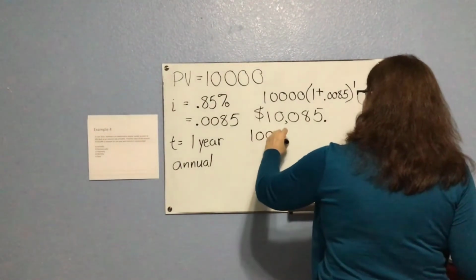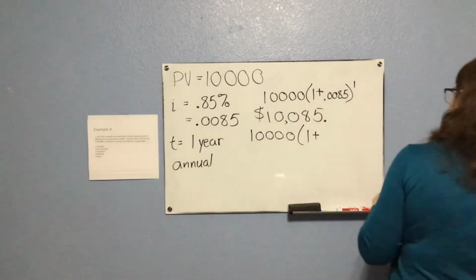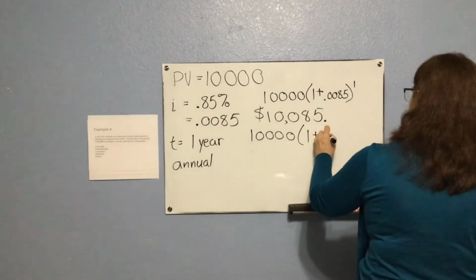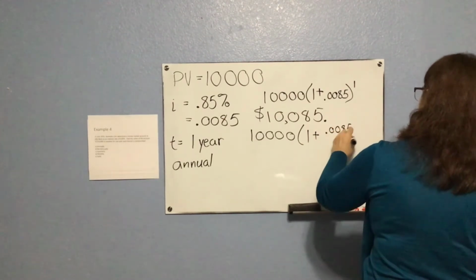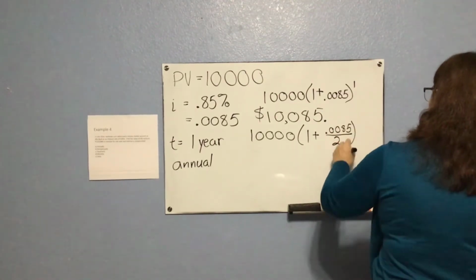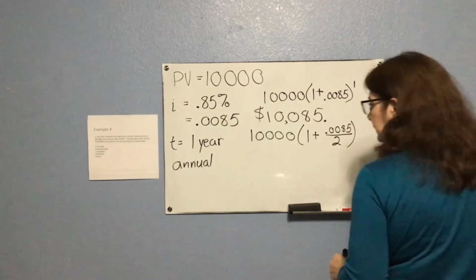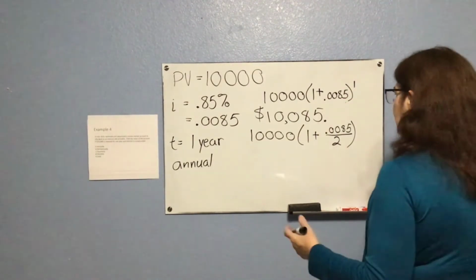Now let's look at semi-annually. This is still $10,000 and 1 plus. This is where it changes. Because I'm getting the interest semi-annually, I only get half of it in one compounding. Okay, I don't get this twice a year. I get half of it twice a year.